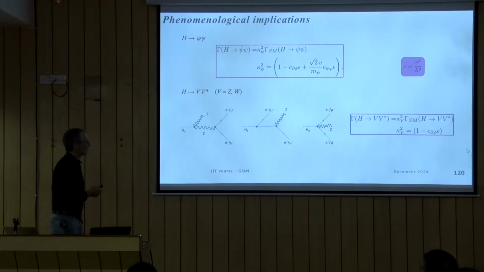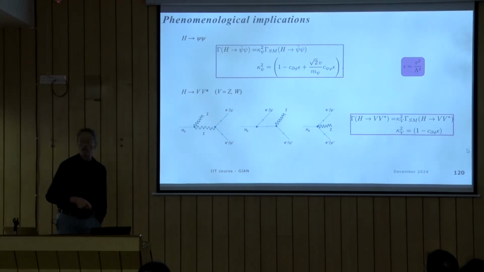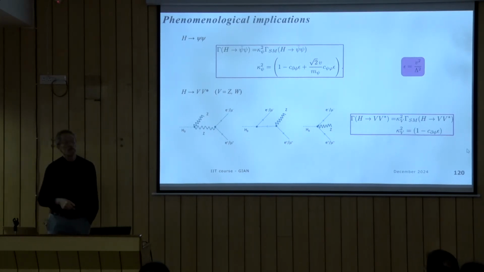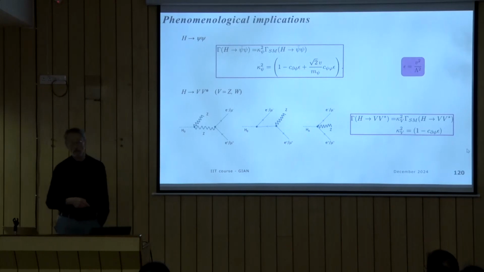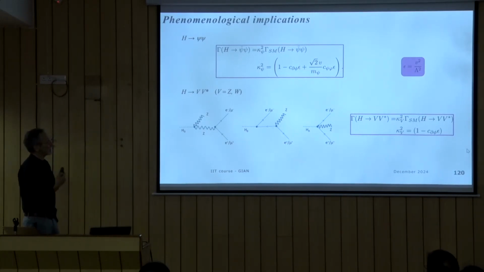So if someone finds a deviation from the standard model in this type of decay, for the W, H to W W star, then the same magnitude of deviation, or percentual deviation, should be found in the Z decay, if this is to be consistent. This is a direct prediction of this theory.